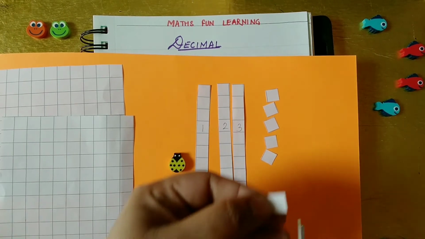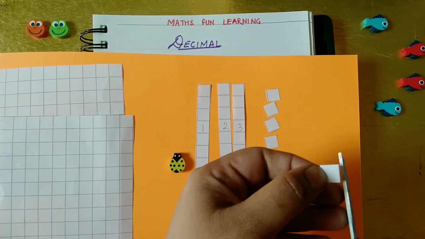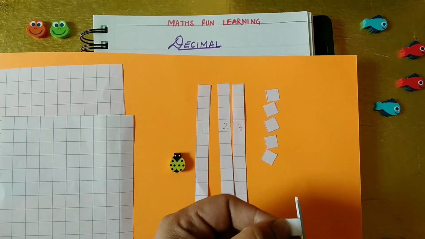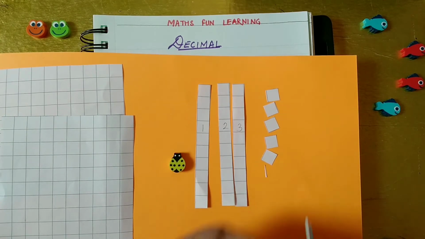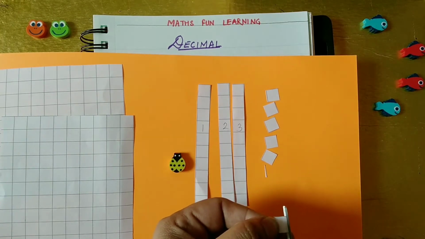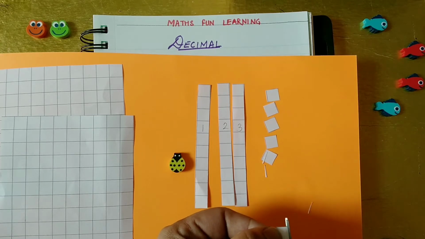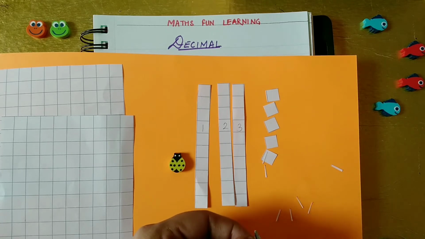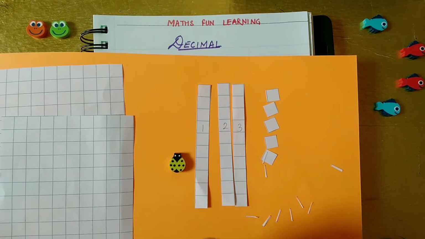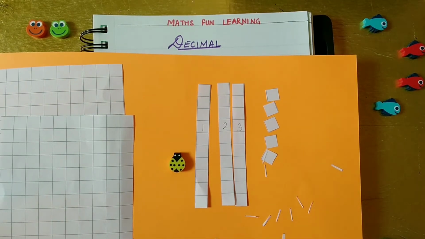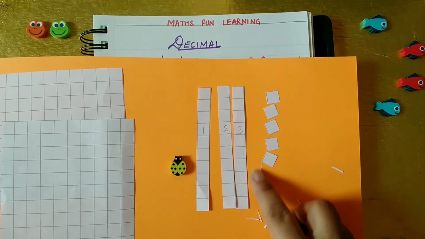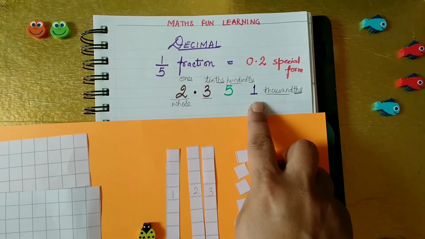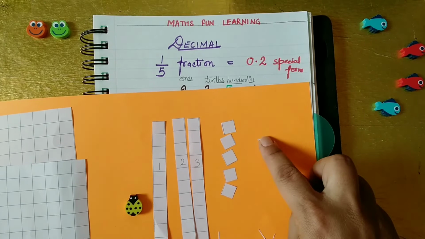So with my scissors, I'll cut it into 10 more small slices. 1, 2, 3, 4, 5, 6, 7, 8. Oh, they are very small slices. 9, and this one is 10. Okay. So out of this, I used only 1 because it's written 1. So I used only 1.